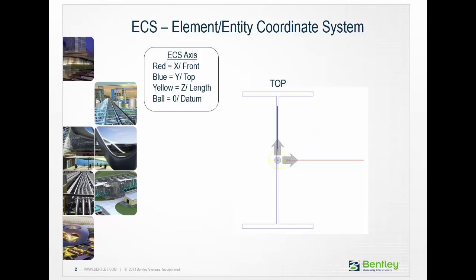Element or entity. In a 2D environment, we have the X and the Y of the object. The red line points in the X-axis, the Y points in the Y-axis. The yellow is the extruded length of the object. And there's a little ball at the 0 point, or the datum of how the object was created.